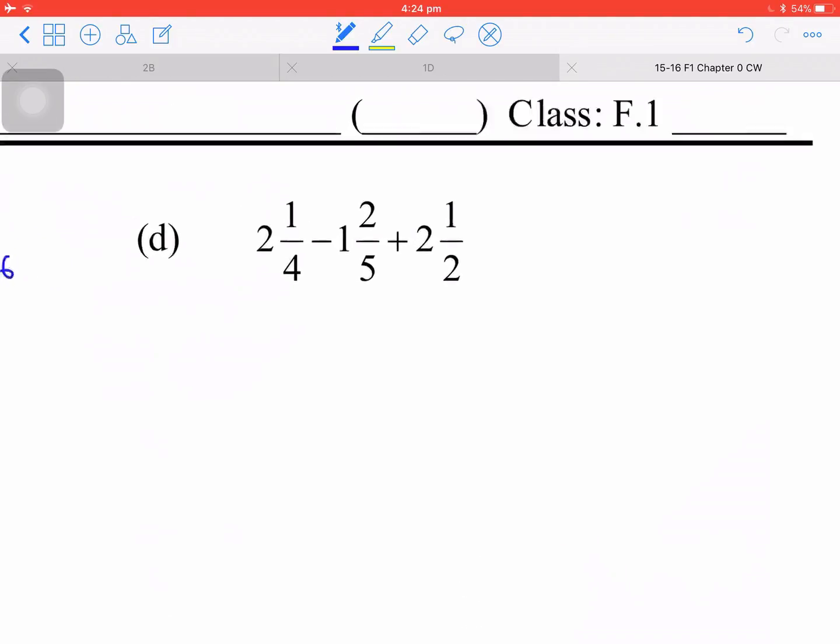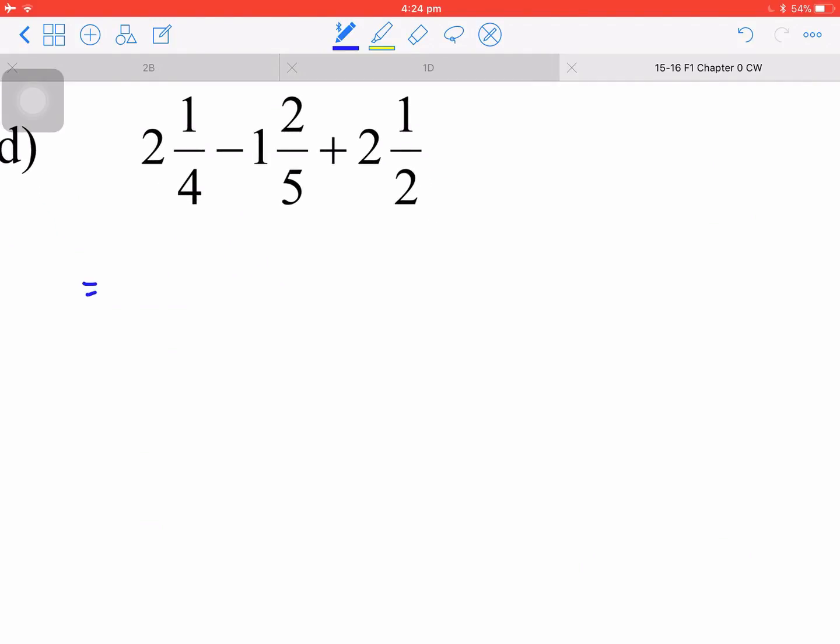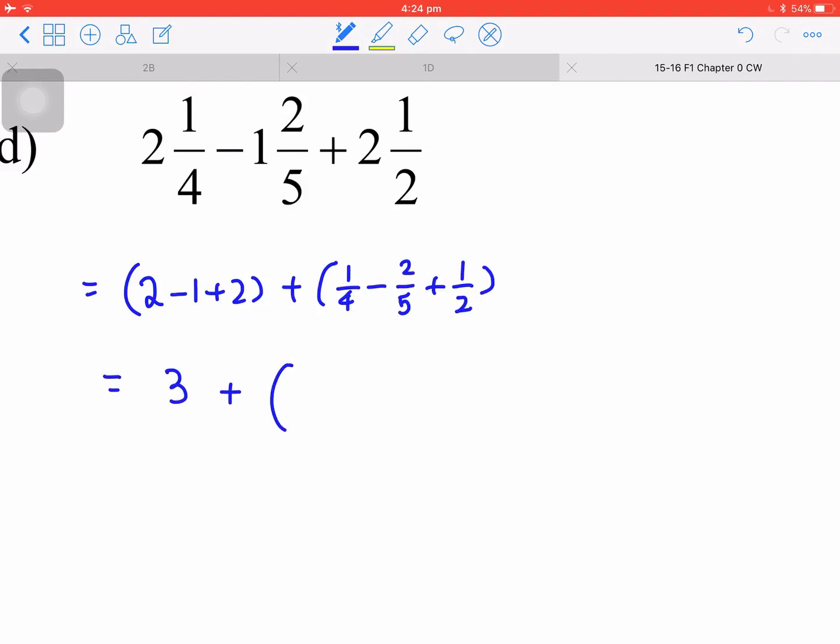For this one, again you just do the math for the integers first, and then you add the rest together. So this one is about 3, and the LCM of 2, 4, 5 is 20.